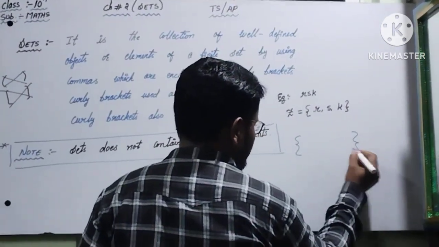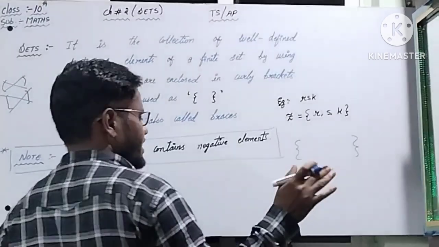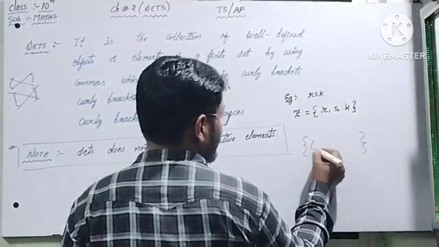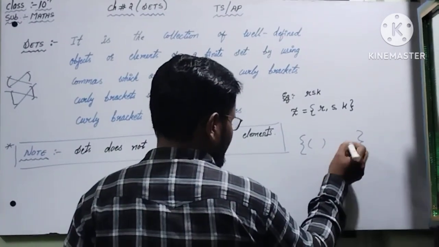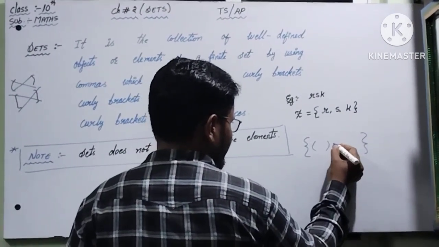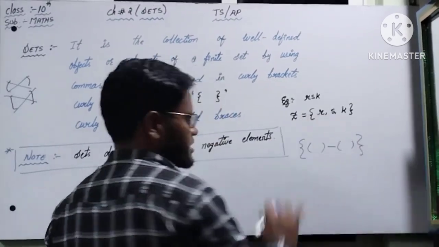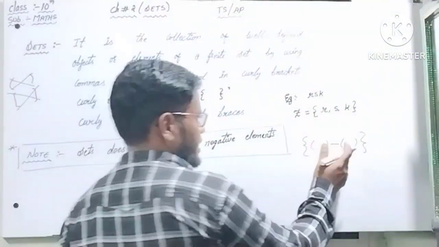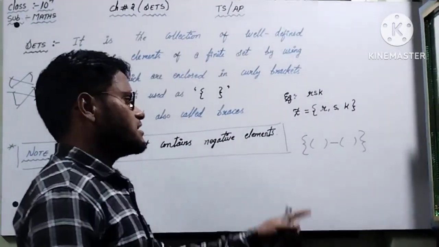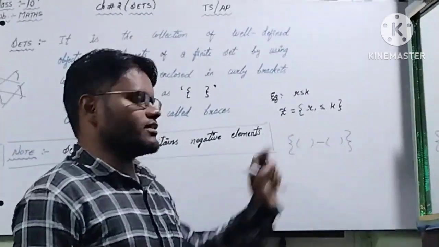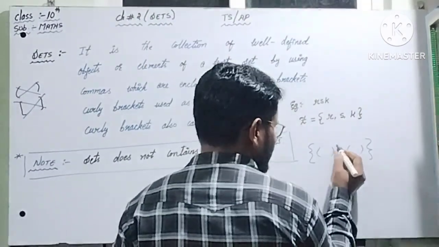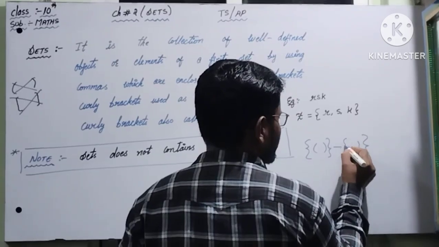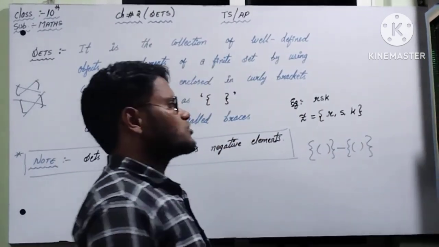For example, these are the braces I used. Suppose a problem has two sets, then for those two sets you can use this type of brackets, for example with a union, intersection or difference. Suppose it is a difference, then you can use another set inside.